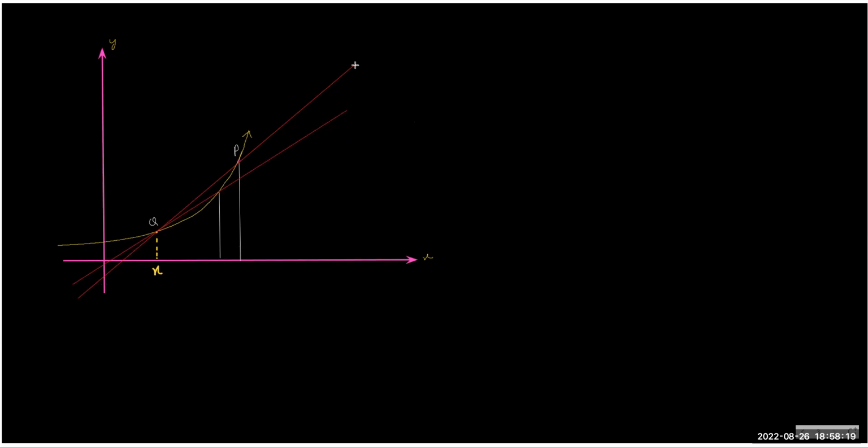You can see the new secant is this one. So this is the old secant. This is the new secant angle. So now this is P dash. Now let's say P dash is coming even closer. And now you can see that the P has come even closer, P double dash.